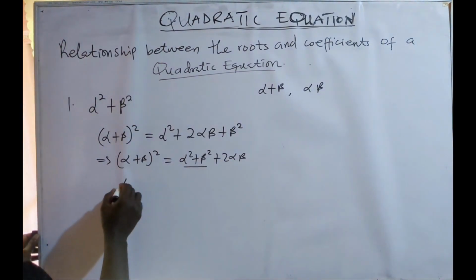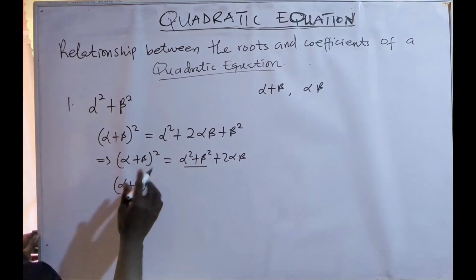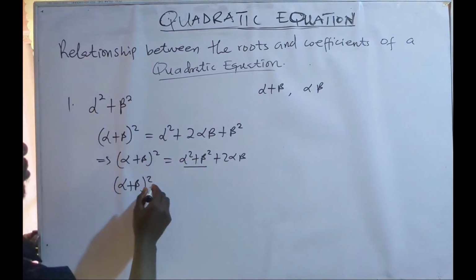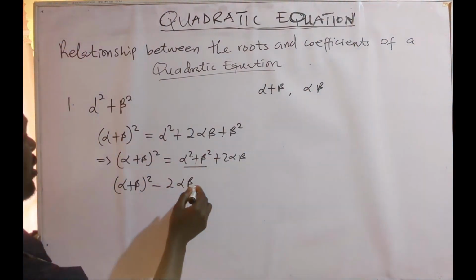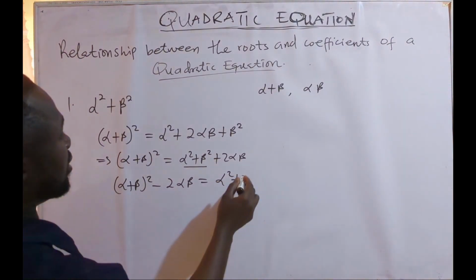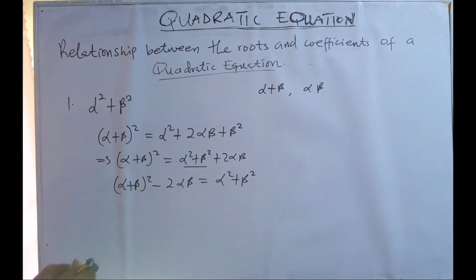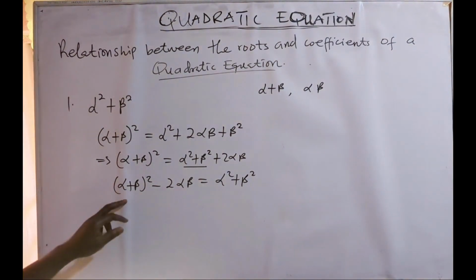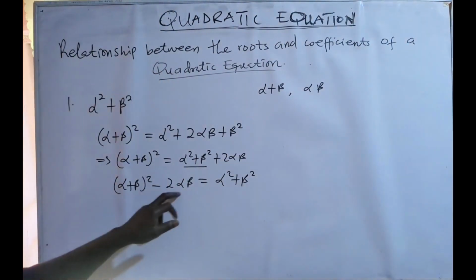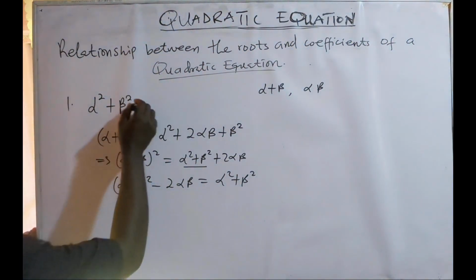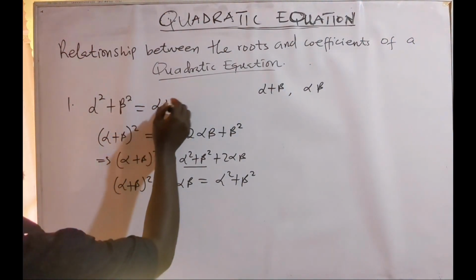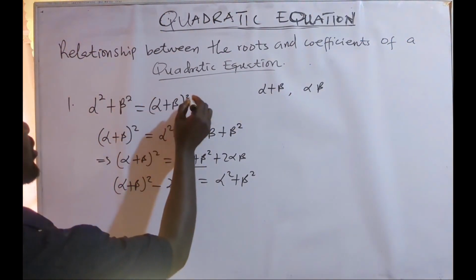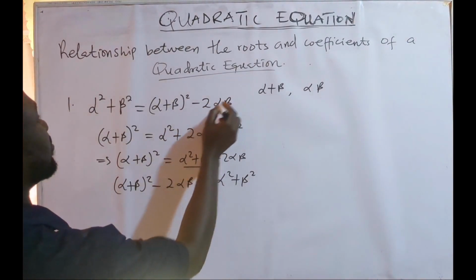So I bring the 2 alpha beta over to be minus 2 alpha beta, and alpha squared plus beta squared is the same as alpha plus beta all squared minus 2 alpha beta.